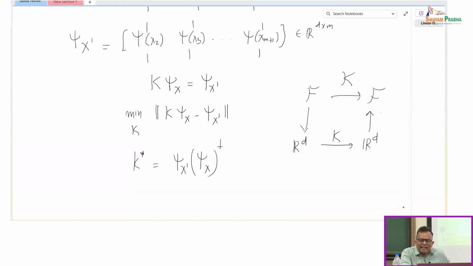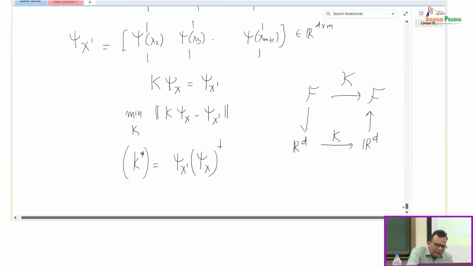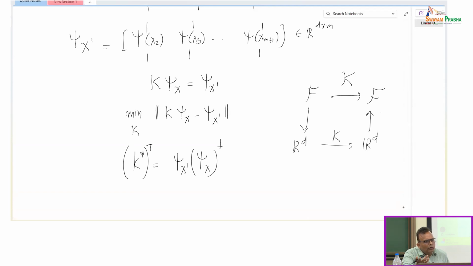And if I have to be precise and stick to the notation that I used, then I should really call this a transpose, because here the functions are multiplying from the right, whereas there, the functions were multiplying from the left, so coefficients were multiplying from the right.